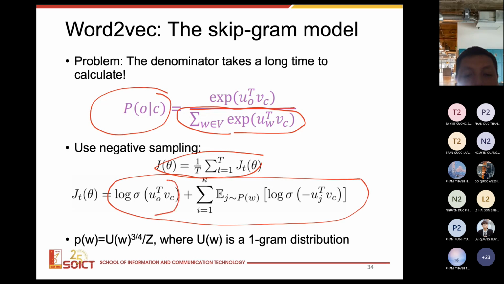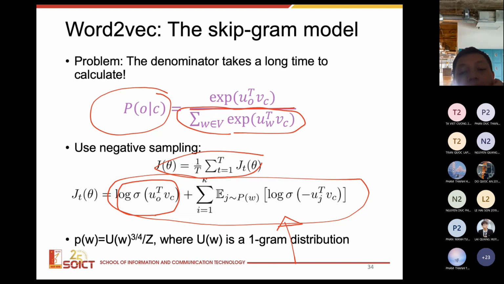This is the part for the correct word O in the context of VC, and this is the part for the negative sample of the word UZ in the context of VC.